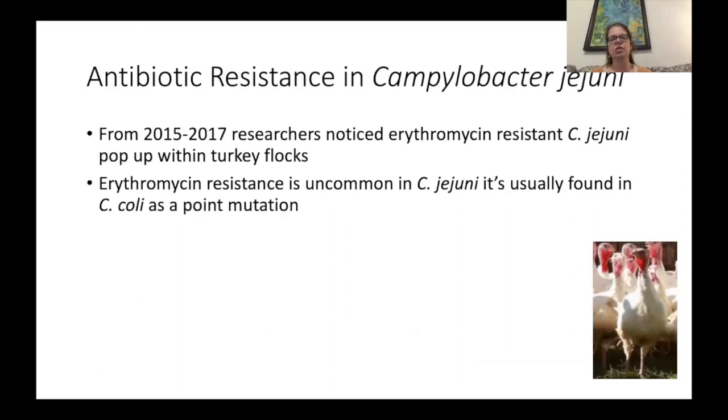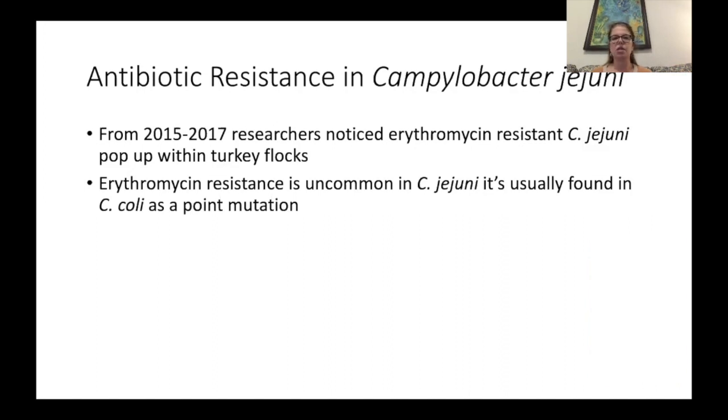Another example that shows the resolution of whole genome sequencing, or genome sequencing in general, has to do with identification of erythromycin-resistant Campylobacter that popped up in some turkey flocks. It popped up in a species called Campylobacter jejuni, which is a significant cause of human disease. But it's not a resistance that's normally found in jejuni. It's instead normally found in Campylobacter coli, which is a lot less pathogenic to humans.